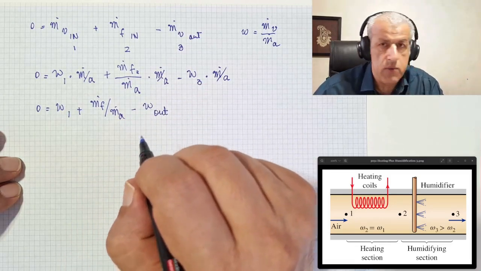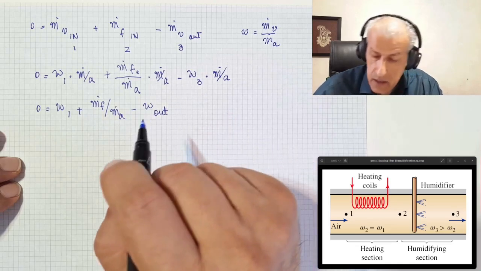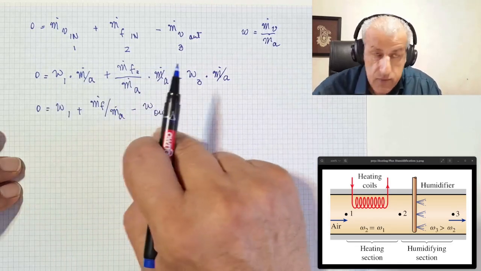And this is what we get from the mass conservation equation. And of course, we can put numbers to it.